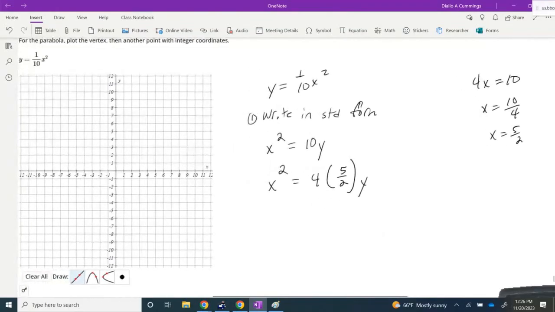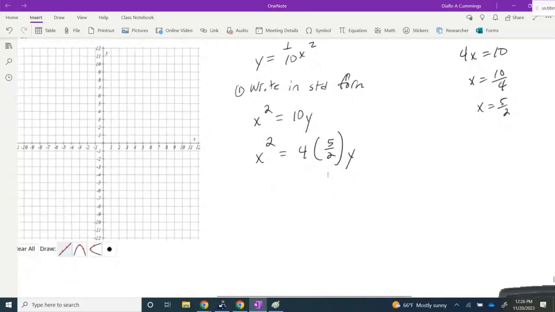All right. Since this is in the form x squared is equal to 10y, from that model form I know that my parabola, first off, is centered at the origin. Secondly, it's going to be a U-shaped parabola, so it's going to look something like this. I can plot my focus and my directrix.